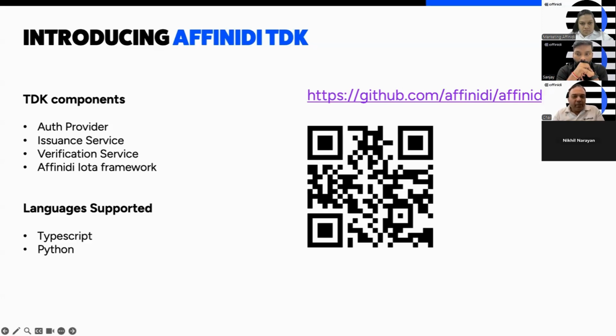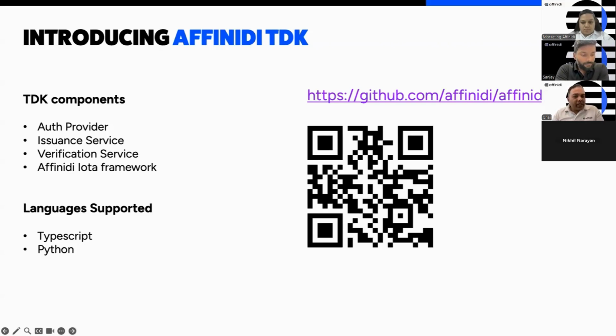Basically, it has an auth provider, which enables you to get tokens to get access to all the TDK services. So TDK includes an issuance service for issuance of VCs, verification, and we have something called the IOTA framework. This is the first time we are talking about this in the webinar series, very exciting.